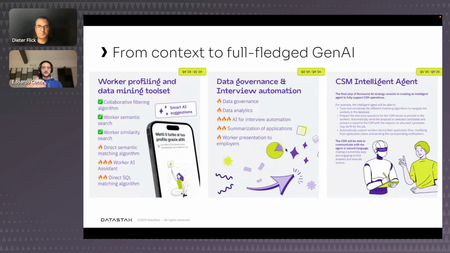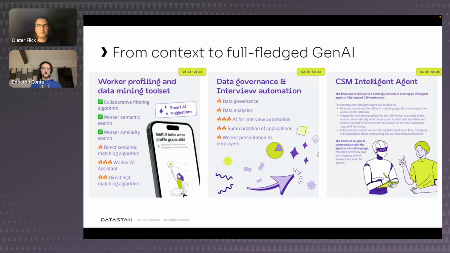But then here it gets cool. Here it gets really cool because we are now exploiting all these contexts that we created in order to provide to the users automatic interview questions, interview automations, so we can execute interview and assessment automation on the workers. And why is this cool?